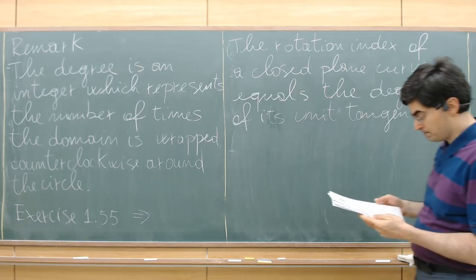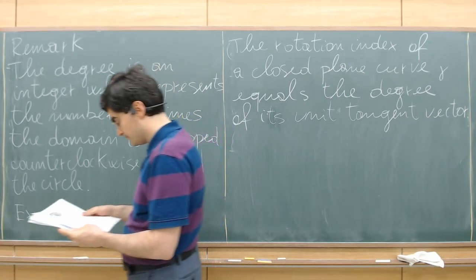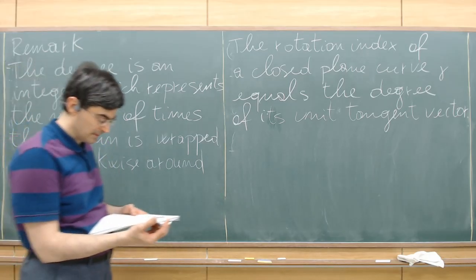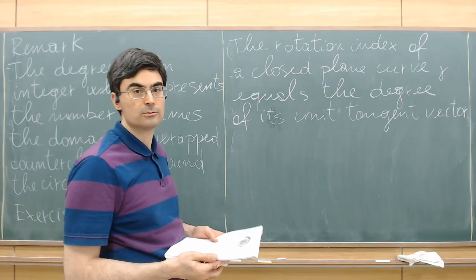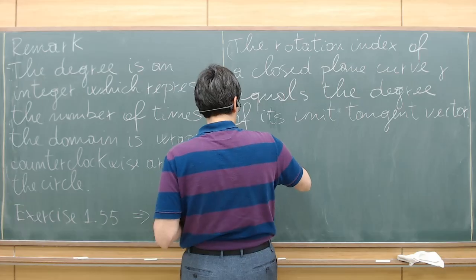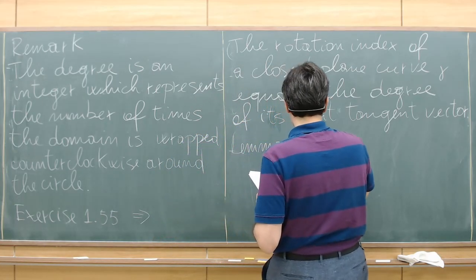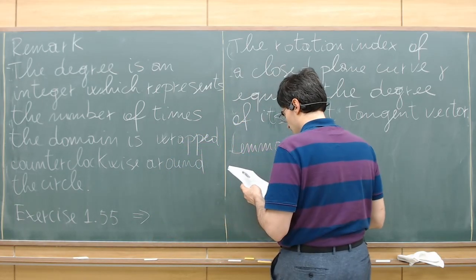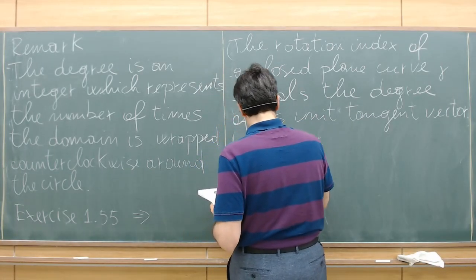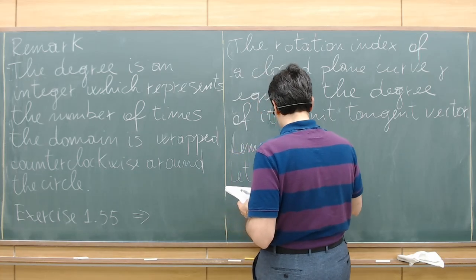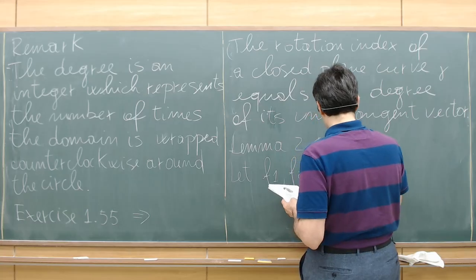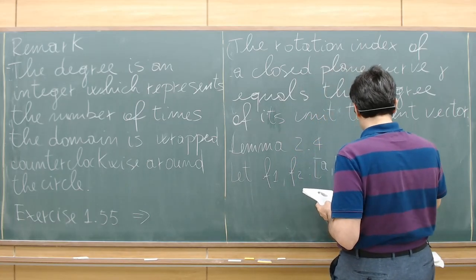Okay, now I will present the statement of a technical lemma that I will not prove. So I need in the sequel lemma 2.4, which says the following. So let f1, f2 be two functions defined on [A, B] with values in S1.